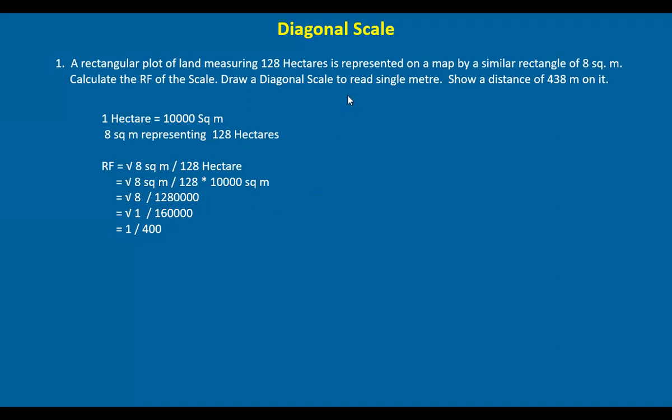So here, even the maximum length is not given. You are asked to show a distance of 438 meters on it. That's all. So let's take some convenient length as the maximum length to measure at least this distance.